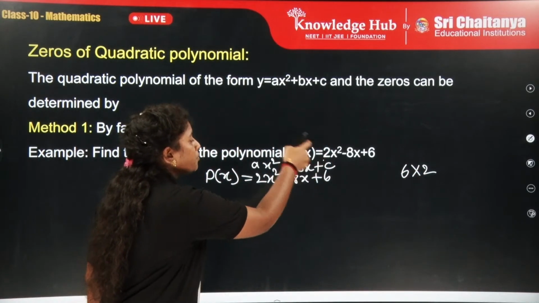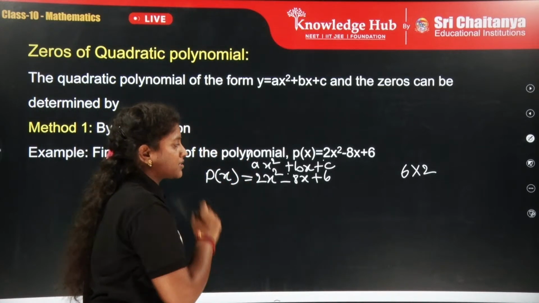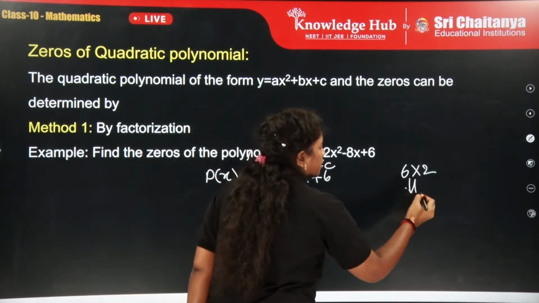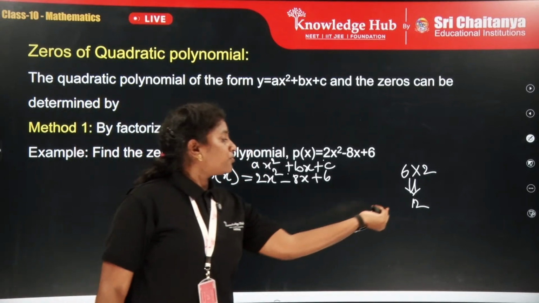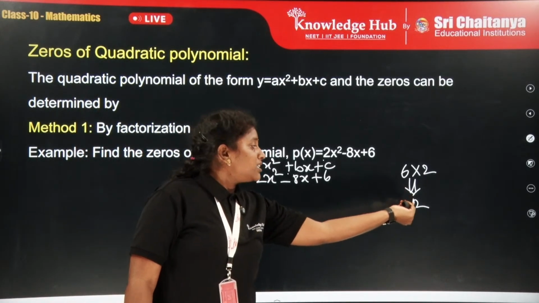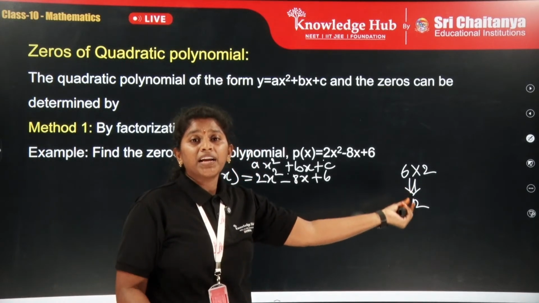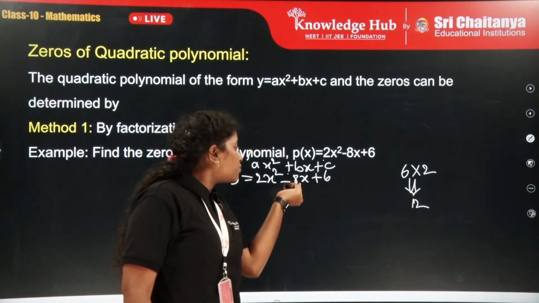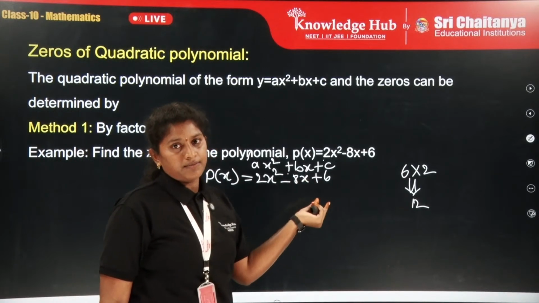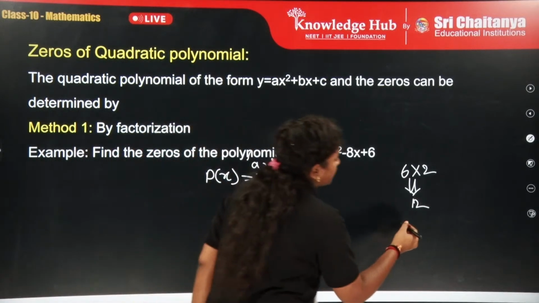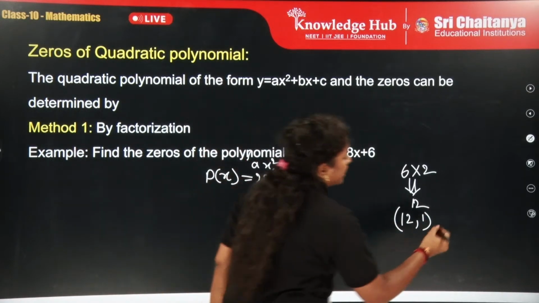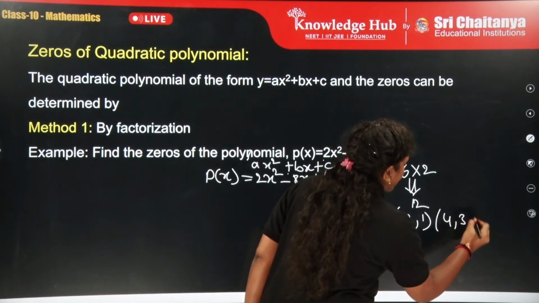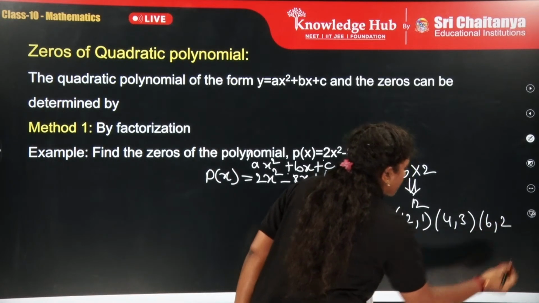That means the constant is multiplied with the coefficient of x square, which is 12. We have to consider the factor pairs of 12 such that the addition or subtraction of the factor pairs will give the coefficient of x. So let's write the factor pairs: 12 comma 1, next 4 comma 3, and next 6 comma 2.